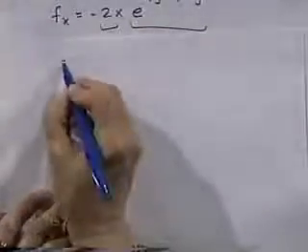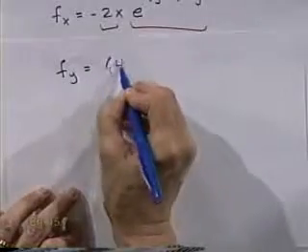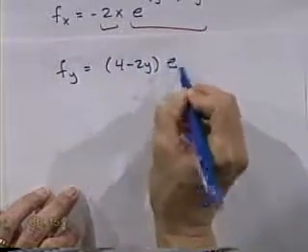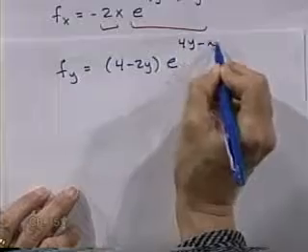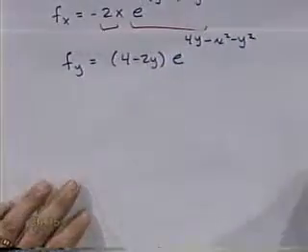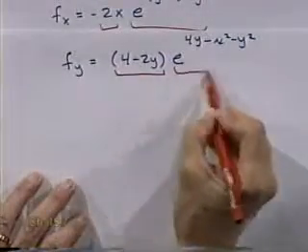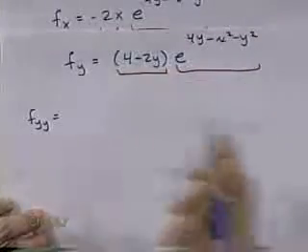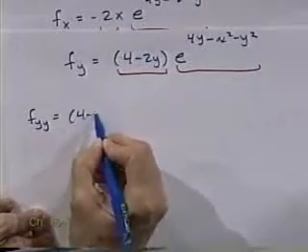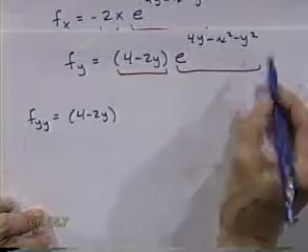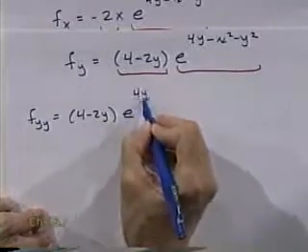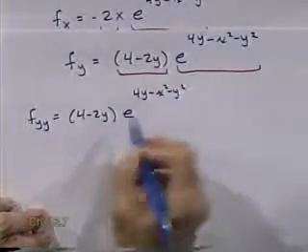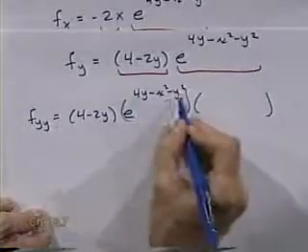Okay, coming back. We had f_y was equal to (4 minus 2y) e to the (4y minus x squared minus y squared). Unfortunately, this is a product. So f_yy, again, this is in the form of u times v. So we have to go the first times the derivative of the second. So it's going to be e to the u times the derivative of that with respect to y.